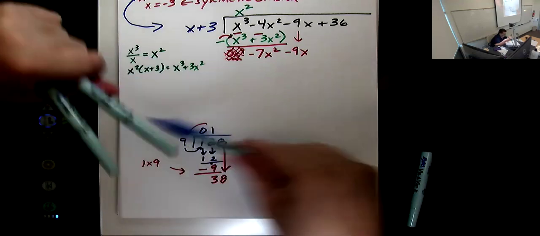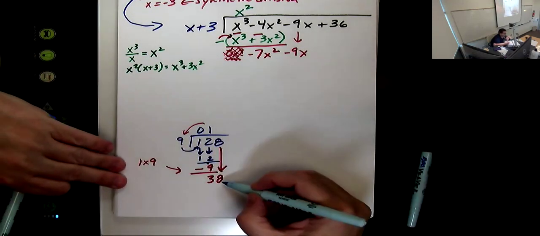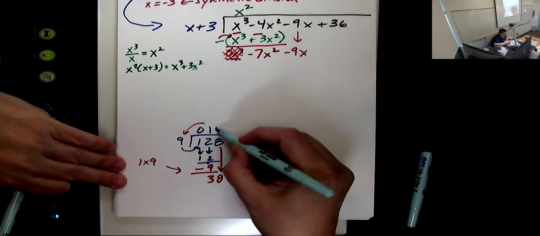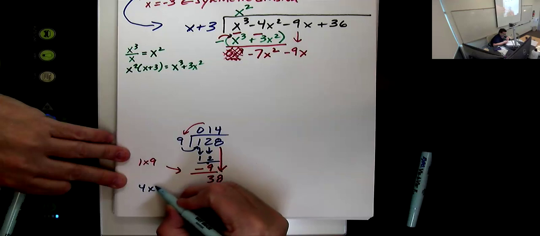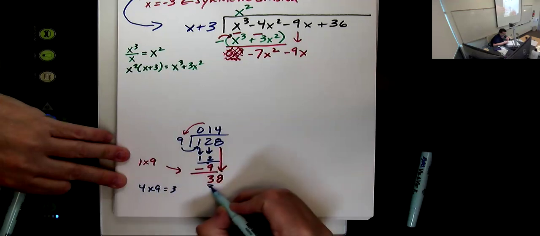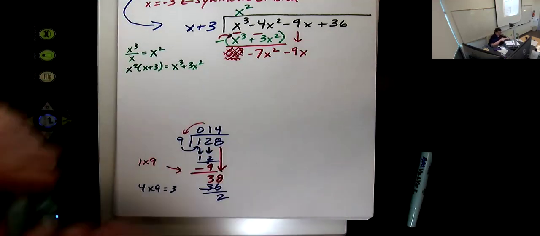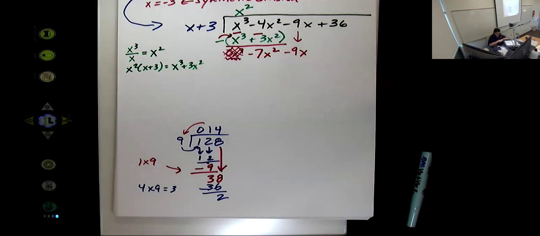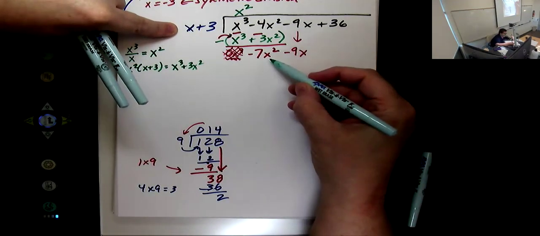And then what do we do down here? Rinse and repeat, right? Same procedure. 9 goes into 38 4 times. 4 times 9 is 36. We subtract the 36, we have a 2. So up here, we're doing X now into -7x squared.